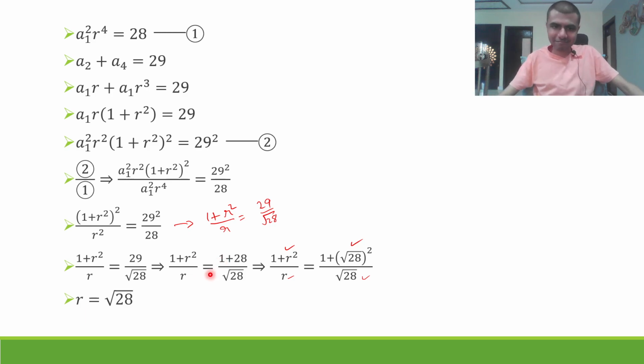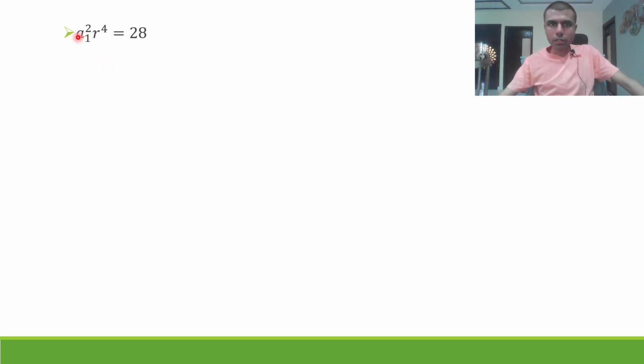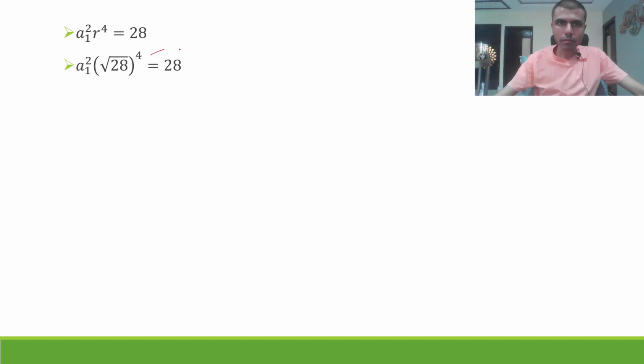Now next, I got R. Now substitute the value of R in equation 1. Put R equal to root 28 in equation 1 so that you can get the value of A1, right? So A1 square into R power 4 is 28. R is root 28. Root 28 power 4 is 28 square. Now one thing, be careful. What is root 28? Root 28 means 28 power 1 by 2. To that I have a power 4. You know, right?